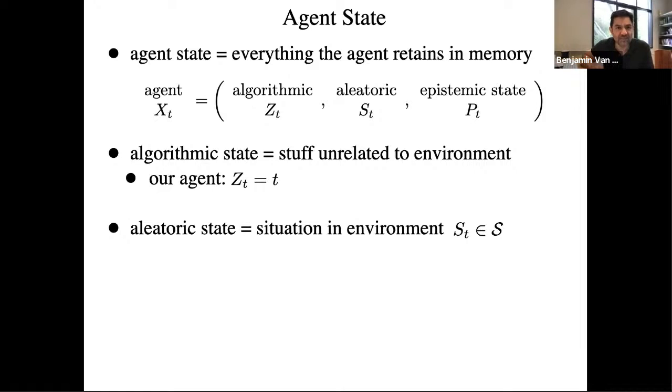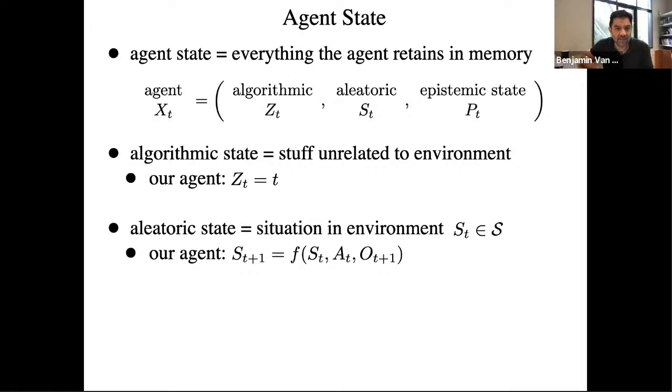The aleatoric state is meant to summarize the agent's situation in the environment. And in the agent I'll describe today, the aleatoric state is updated using some function that is internal to the agent, right? It's part of the agent's design.